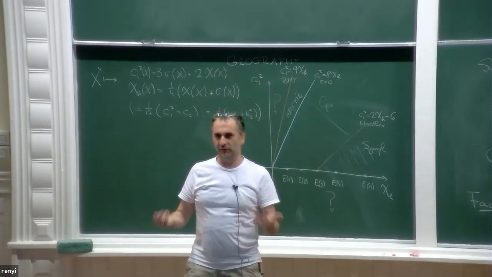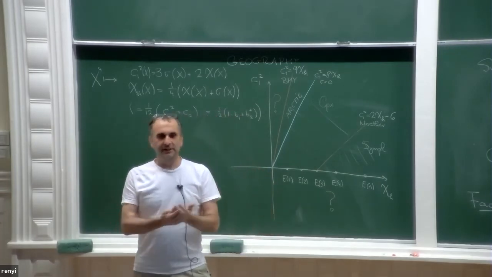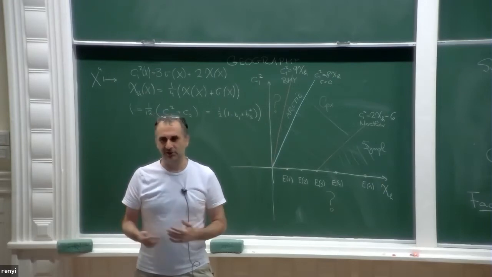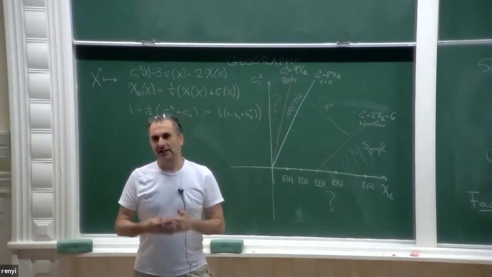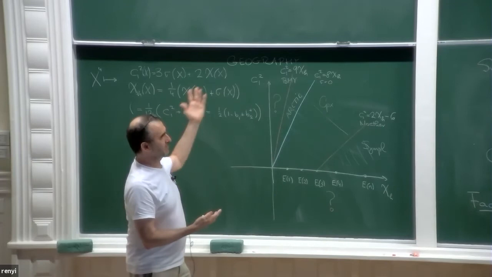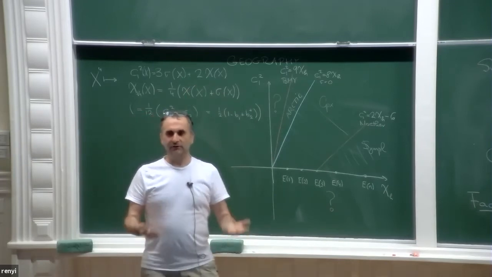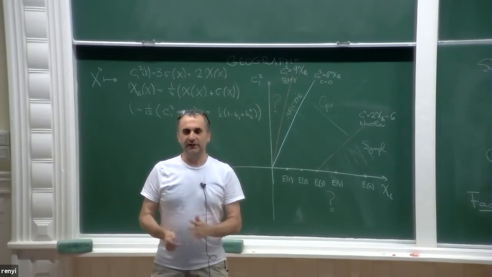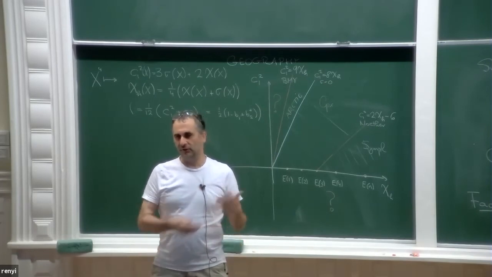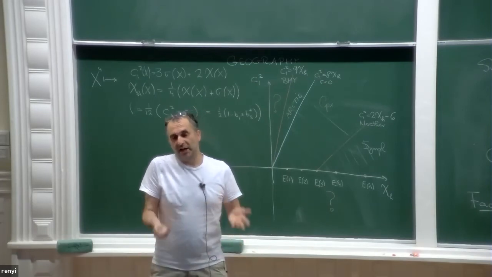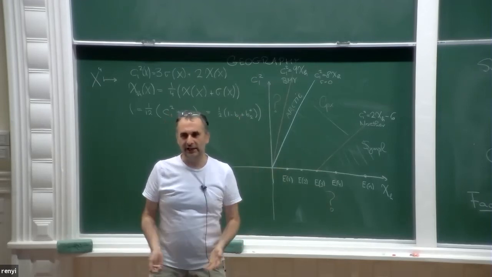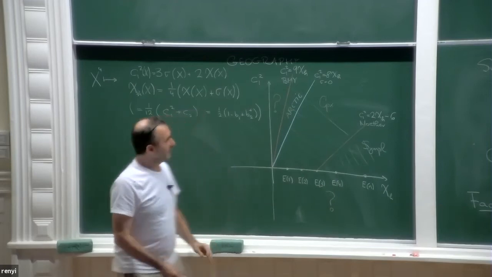So if you have two knots, say there is this sequence of Kanenobu knots, which have the same Alexander polynomial and the same Jones polynomial, and you apply this procedure, then all the invariants so far we can compute are the same. Still, we cannot prove that the four manifolds are diffeomorphic. And we can conjecture that they are actually different, but we have no idea how to show that.